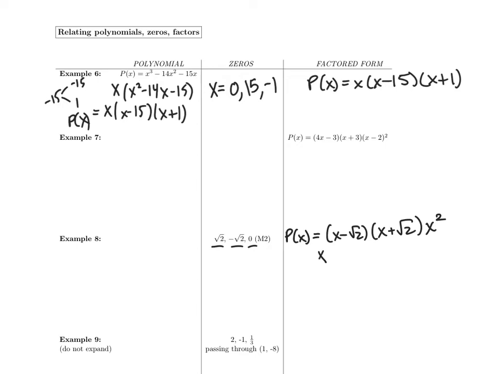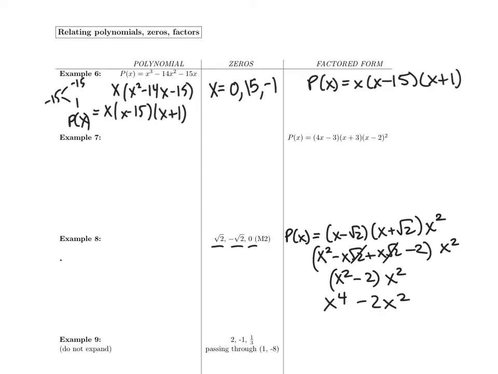So if we do that, we get x squared. A negative times a positive is negative, and a square root of 2 times the square root of 2 is just 2. And then we can distribute that through, and we get x to the fourth minus 2x squared. And that would be the polynomial form.